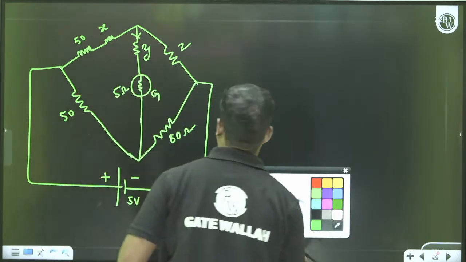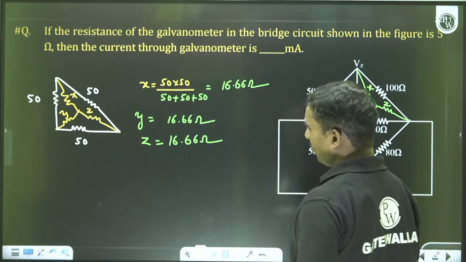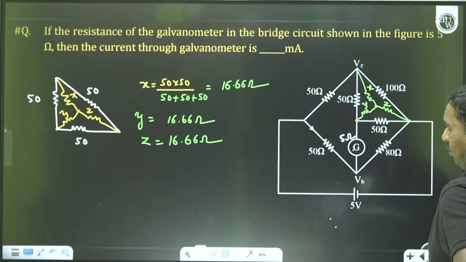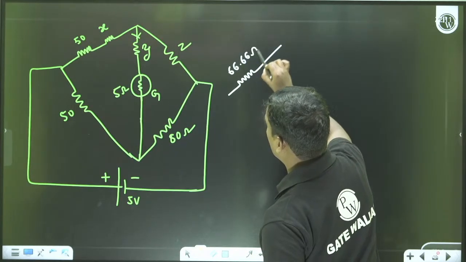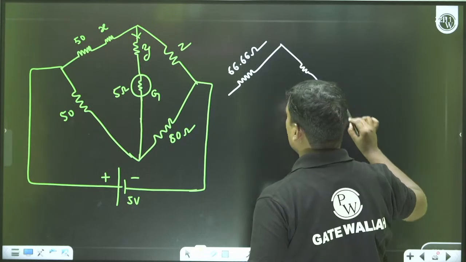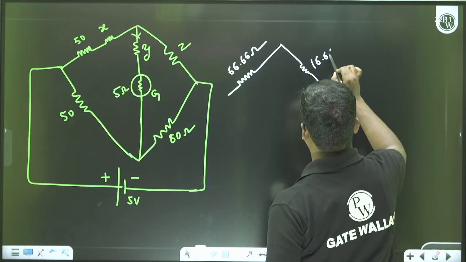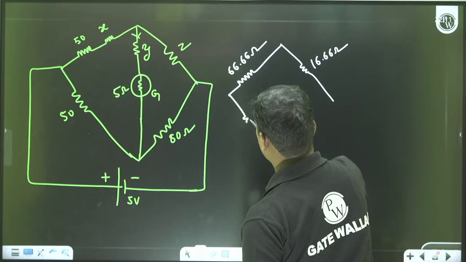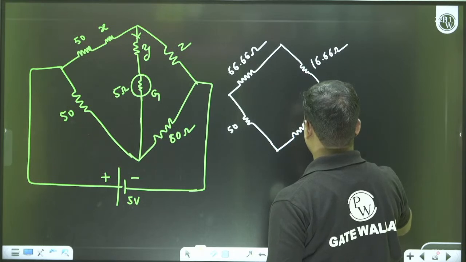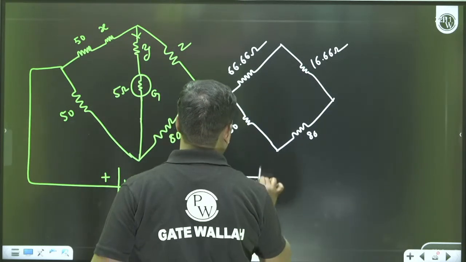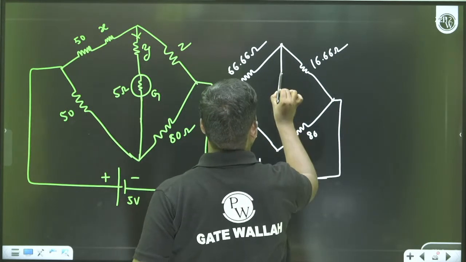So the circuit can be changed as 66.66, the Z is 16.66, this is 50, this is 5 volts. First find out the V Thevenin.